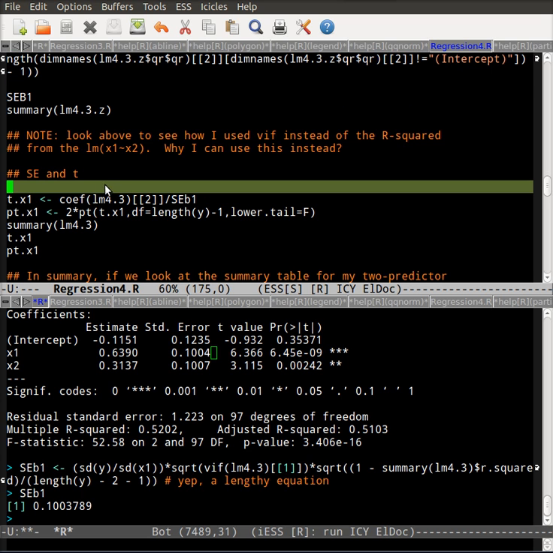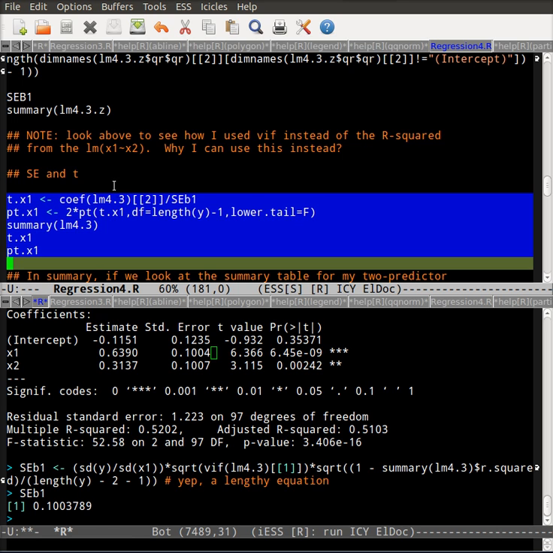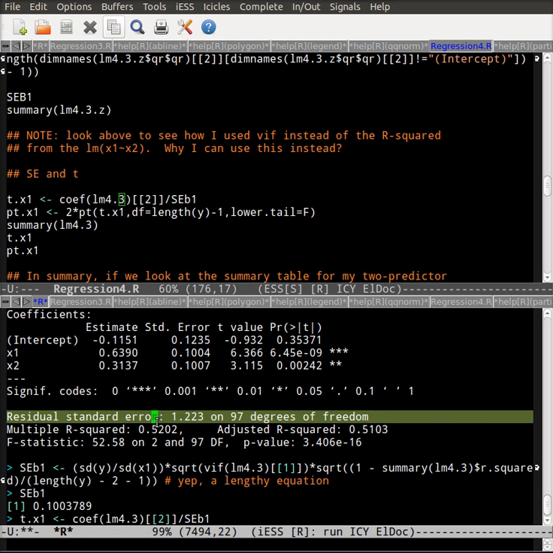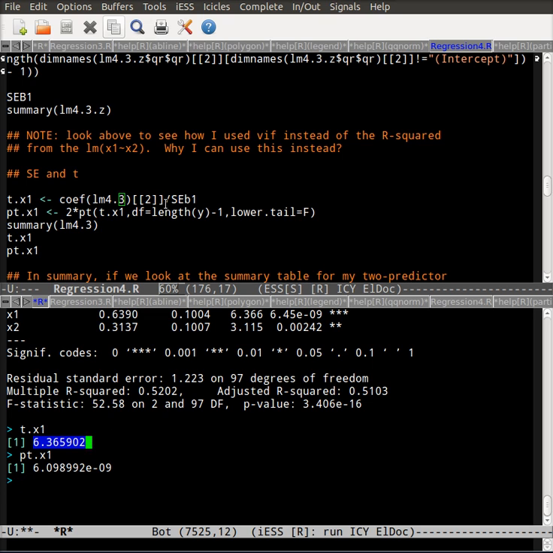Now, how does this relate to t? Well, what we do is we calculate t by taking the coefficient and we divide by our standard error. So I have my coefficient, that's this one right here, 0.6390, and I divide by 0.1004.